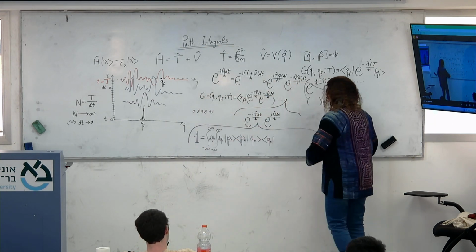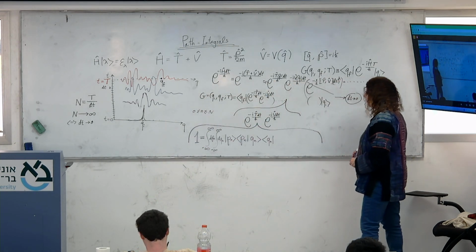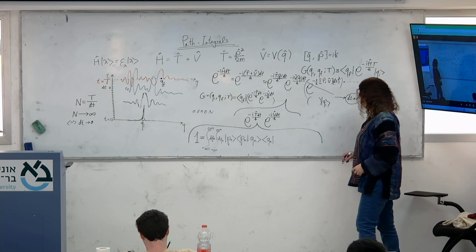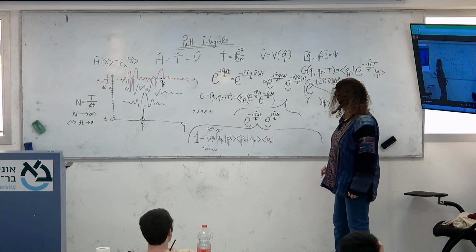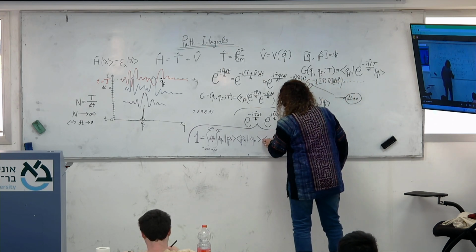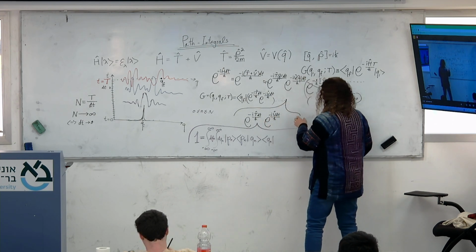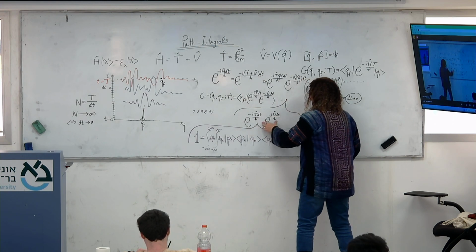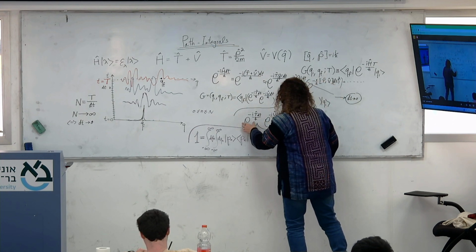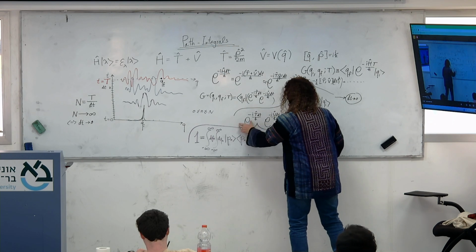So I put here a resolution of the identity which has this structure, and I do it between this time step and this time step.